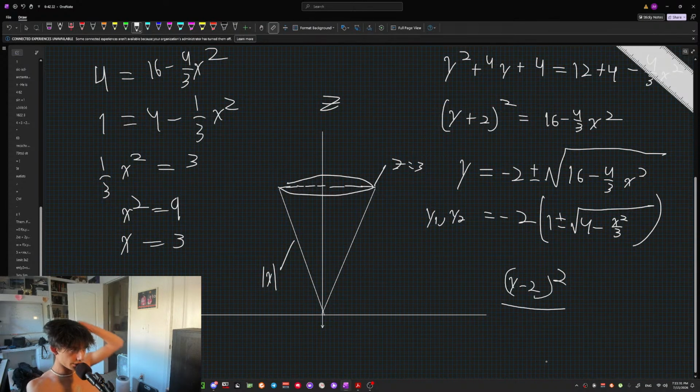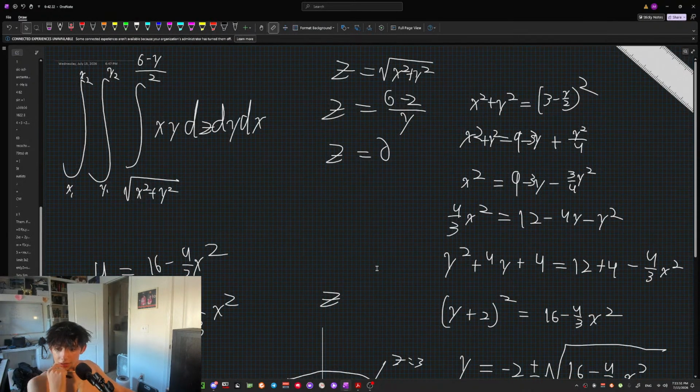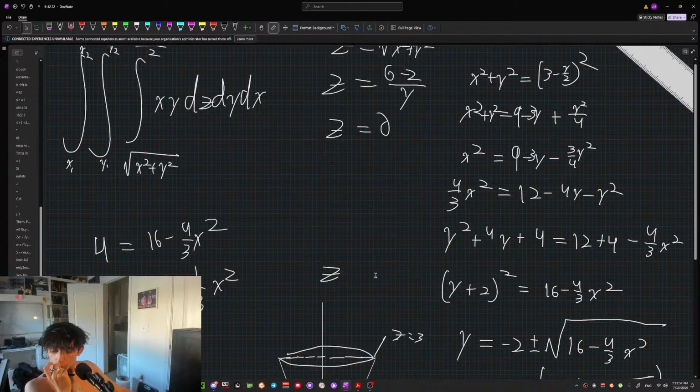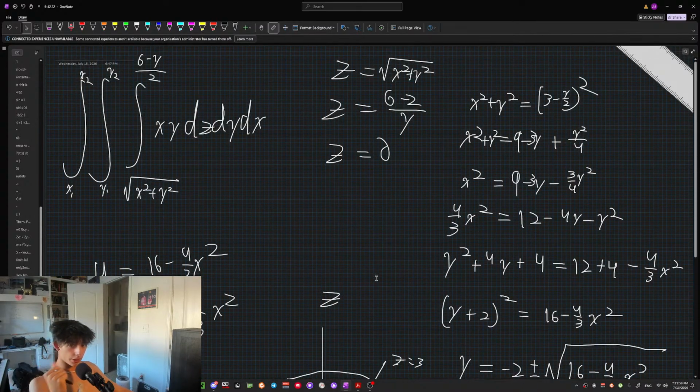What's the biggest value y can be? 2 is important in there, so it probably extends out like 4 or something. Yeah, if we plug in y minus 2, 6.